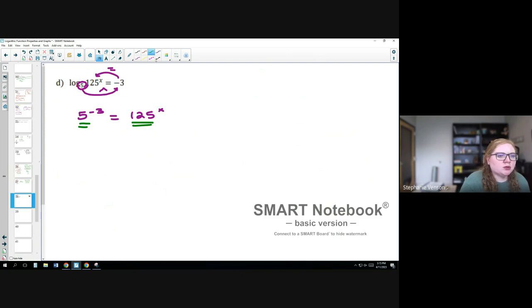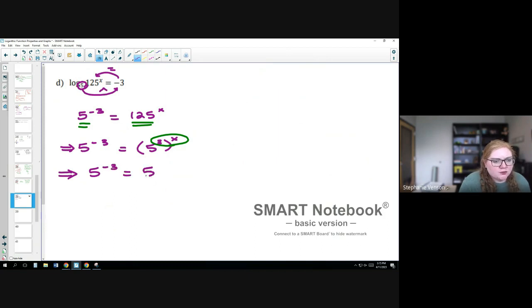So we could rewrite this as 5 to the negative 3 is equal to 5 to the third raised to the x. But we know that when we raise a power to a power, we multiply. So that's 5 to the negative 3 is equal to 5 to the 3x.